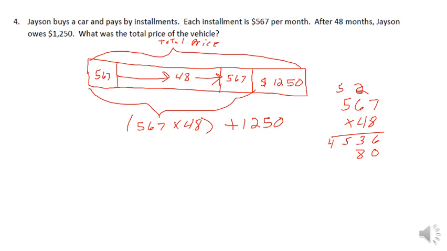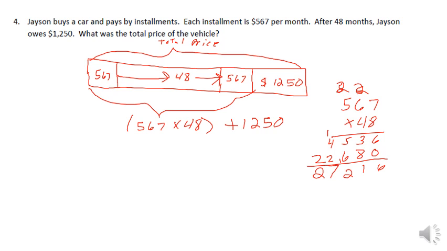Carry our 2. 4 times 6 is 24, and 2 is 26. Carry our 2. 4 times 5 is 20, and 2 would be 22. We add both these together, we end up with 6, 11, carry 1, that's 12, carry 1 is 7, 27,000.